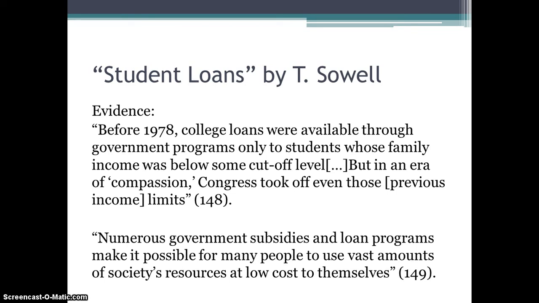In addition, he also says, "Numerous government subsidies and loan programs make it possible for many people to use vast amounts of society's resources at low cost to themselves." Again, this is the government helping out the people who are wanting to go to college. So this is his backup for that.